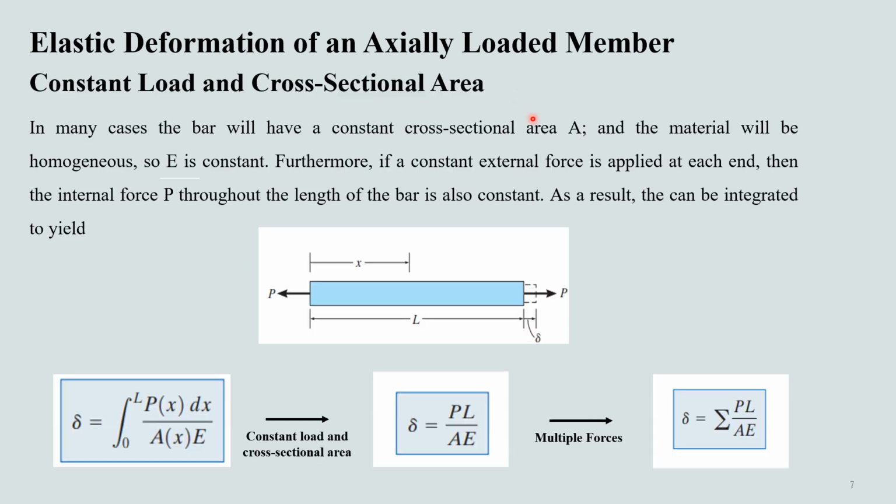Now we are moving towards a particular case from the general case in which both the load and the cross-sectional area of the bar were varying.